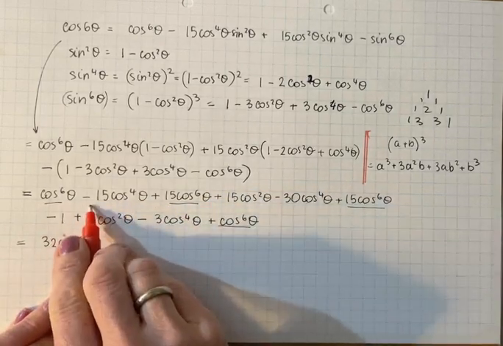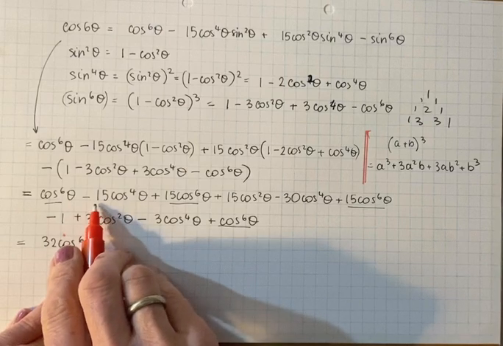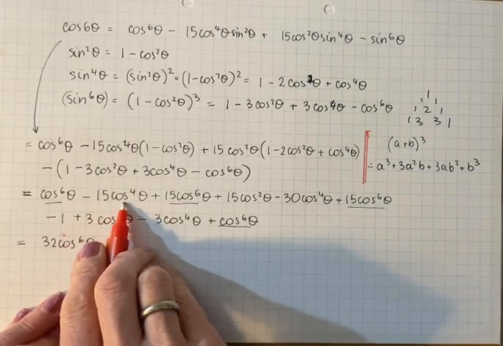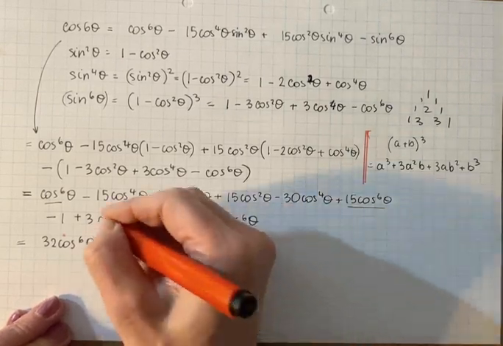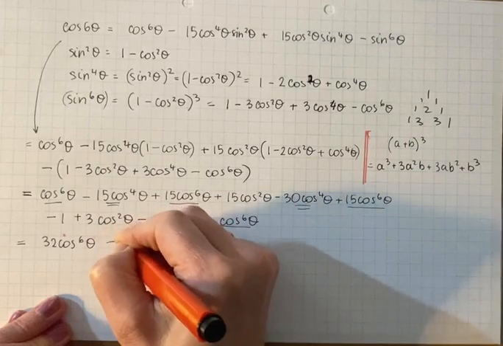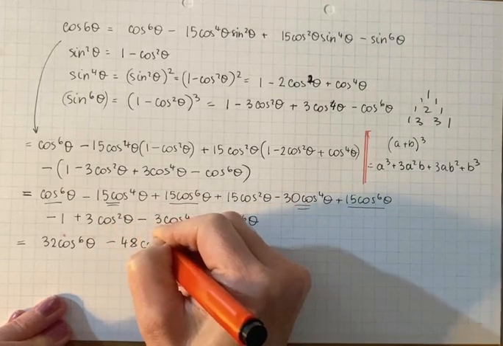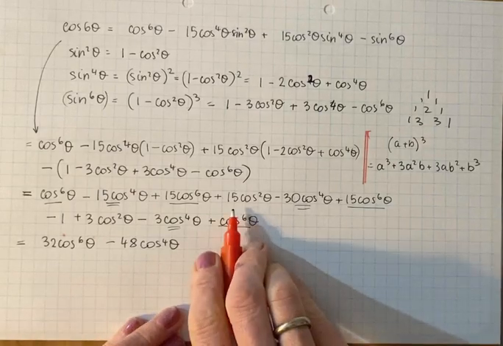Let's look at the next one. We wanted minus 48 cos to the power of 4, so it's minus 15, minus 30, minus 3, which is minus 48. Yeah, that's correct. Next one is cos squared.